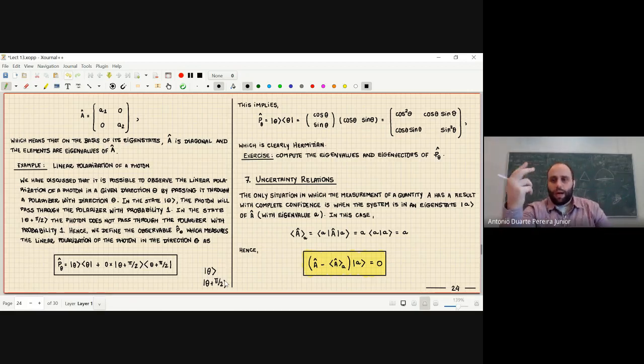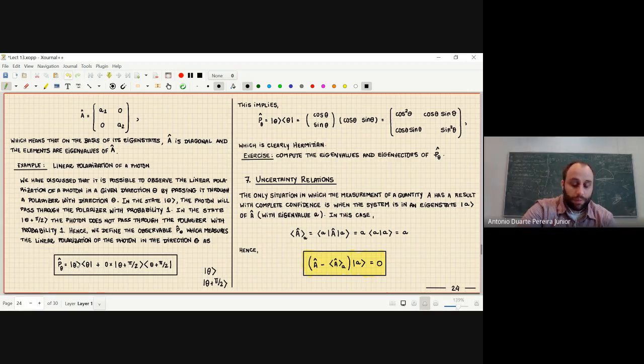So I have two eigenvalues. I have 1 or 0. This is exactly what we use to say if the photon is polarized in the theta direction or not. 1 or 0.